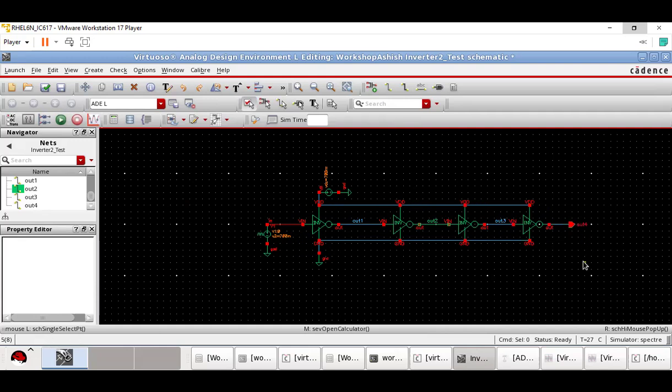So your first input will be this Vin only. Second input in the first case: out 1, out 2, out 3, out 4. Then repeat this exercise considering output 1 as your input, and then out 2, out 3, out 4.